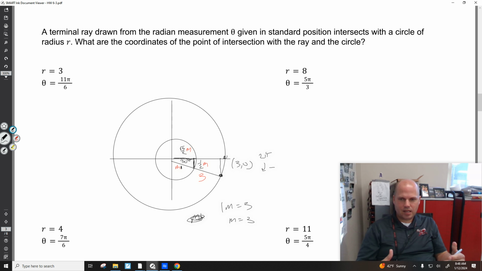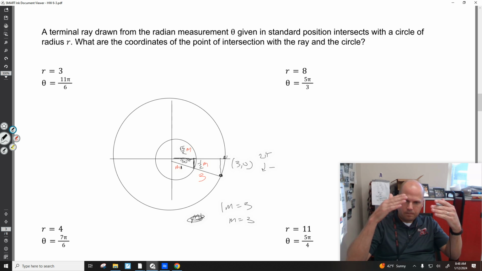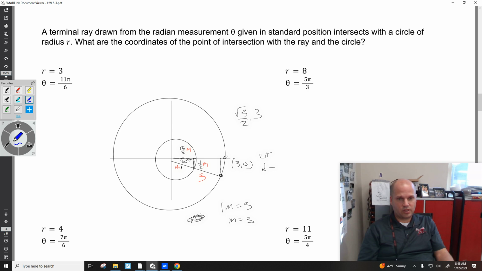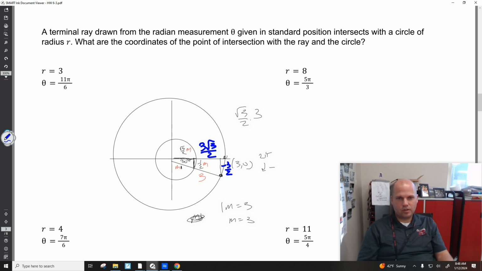You're just going to take your x and y distance and multiply it by 3. So we got root 3 over 2 times 3, which is 3 root 3 over 2. That means this length here, and I'll do it in blue just so we see it, is 3 root 3 over 2. That's big. And then this vertical length is negative a half times 3, so that's negative 3 halves.